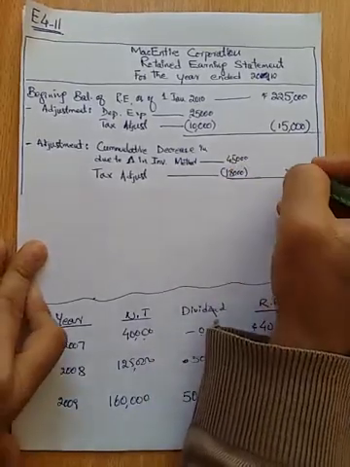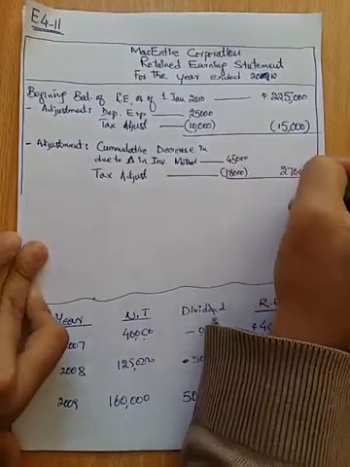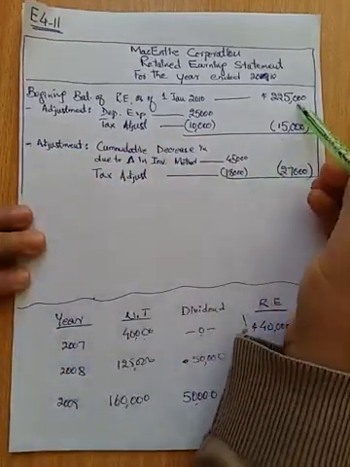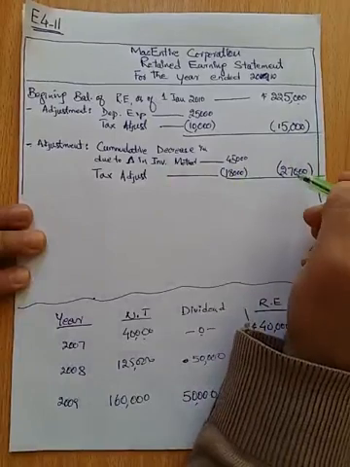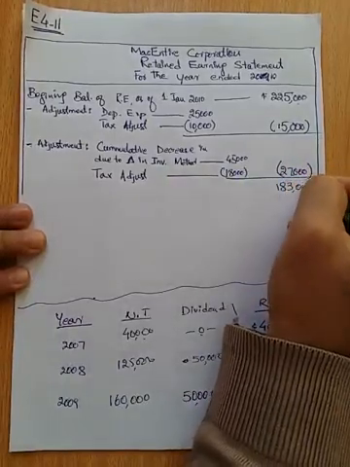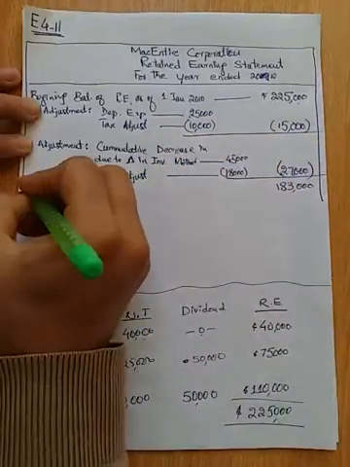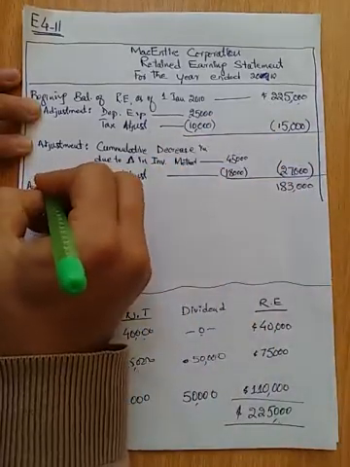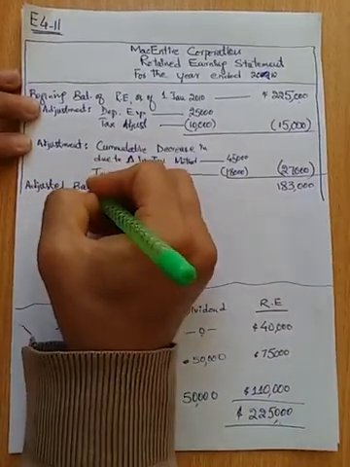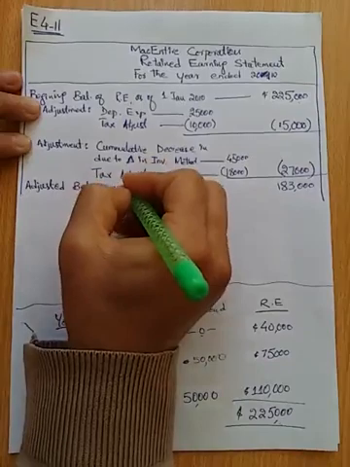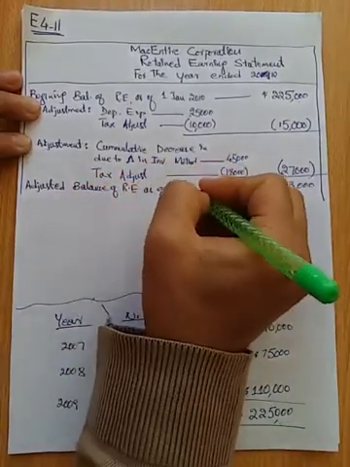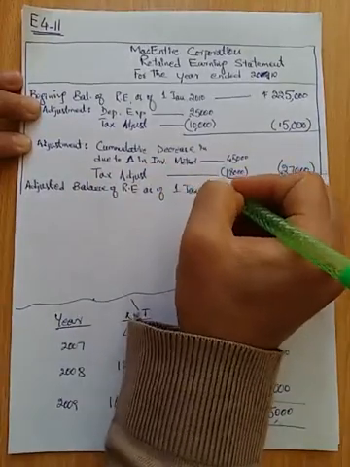So 45 minus 18 becomes $27,000, and that's also minus. We discussed why. So $225,000 minus 15 minus 27,000 is equal to $183,000, which you can title as adjusted balance of retained earning as of 1st January 2010.